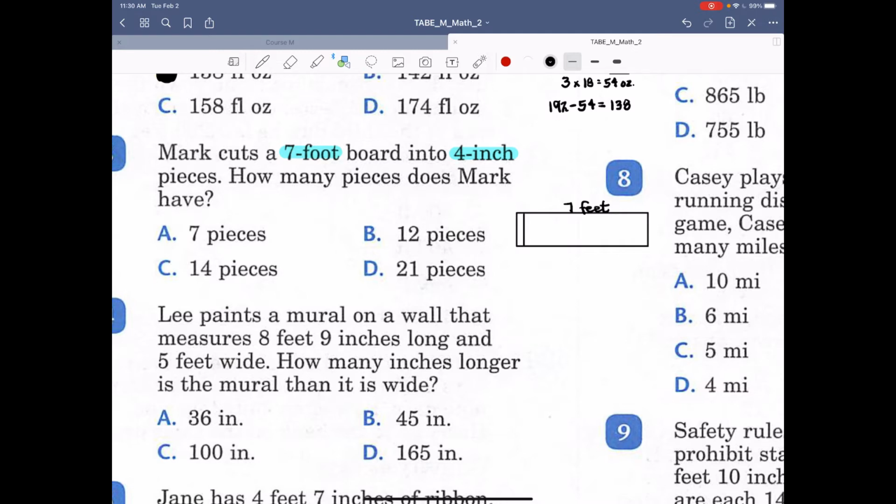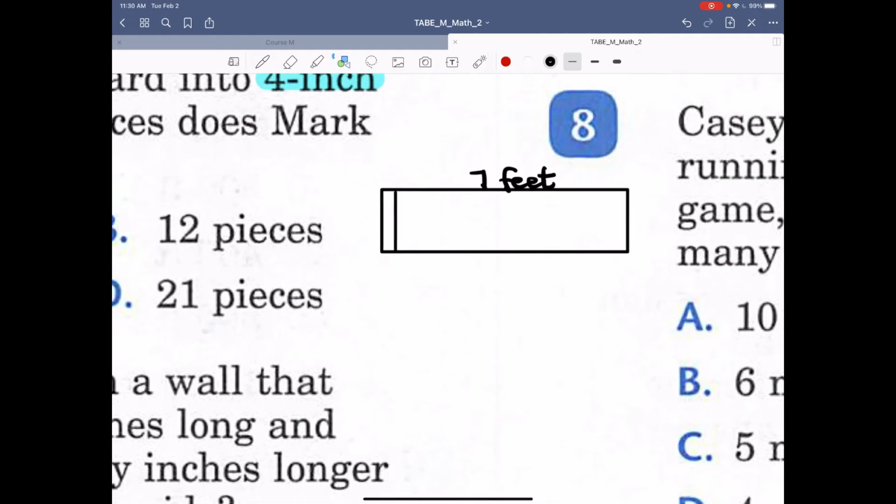So I'm going to convert that 7 feet. I know that 1 foot is 12 inches. So 7 feet, that's 7 times 12, is 84 inches.